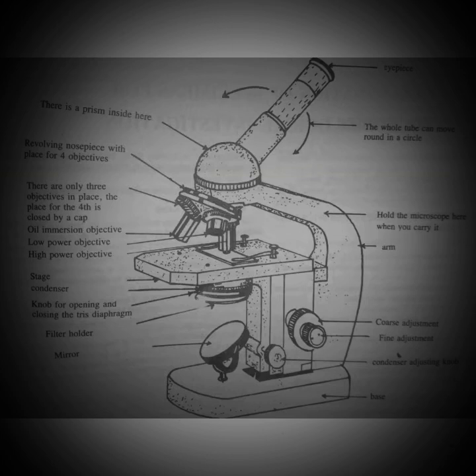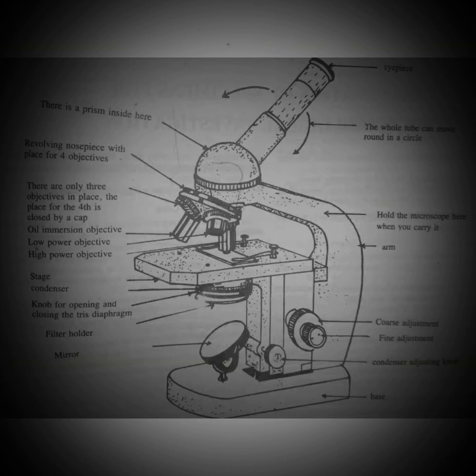It has a foot. At the bottom, you can see it has a foot. It has a limb. The limb is its side, which you are seeing here, and it is called an arm. And the base; the base is the foot. Then the revolving nosepiece. You can see the revolving nosepiece with a place for 4 objectives. Second, the stage.